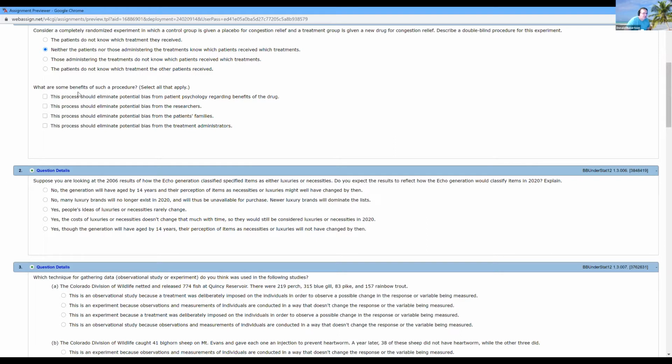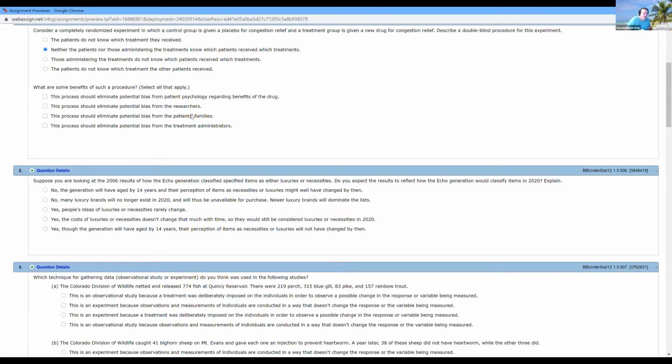And then, what are some of the benefits of doing this? And this time they say select all that apply. So if they don't mention select all, I'm assuming that means there's only one answer and you pick it. Oh, here's the thing, I'm going to try. I don't know if this works. Oh, okay, that's good. If there's only one choice, they only allow you to put one dot.